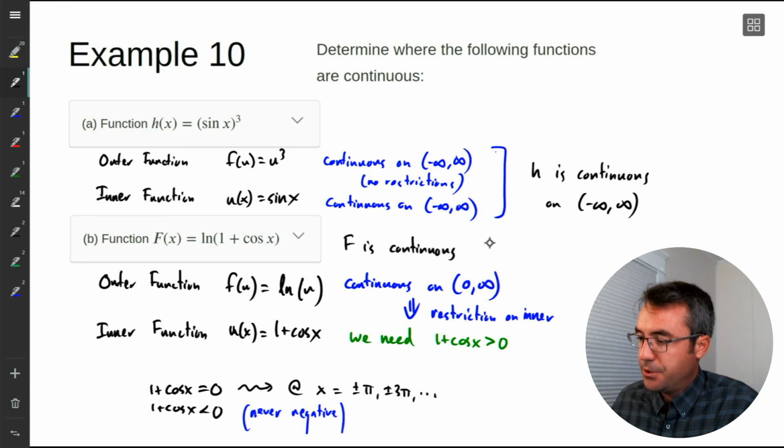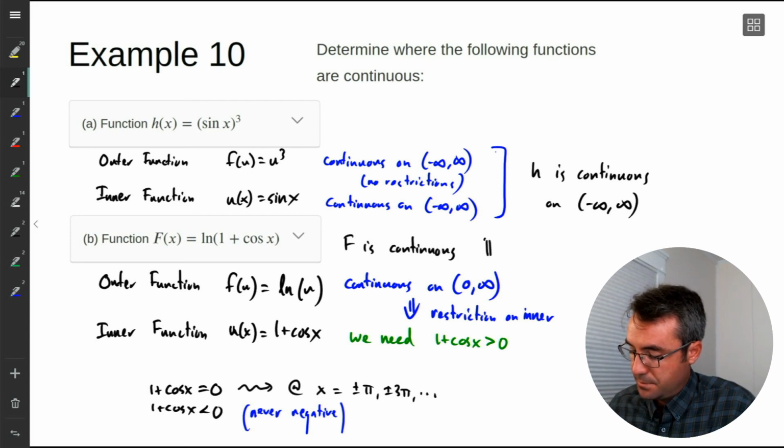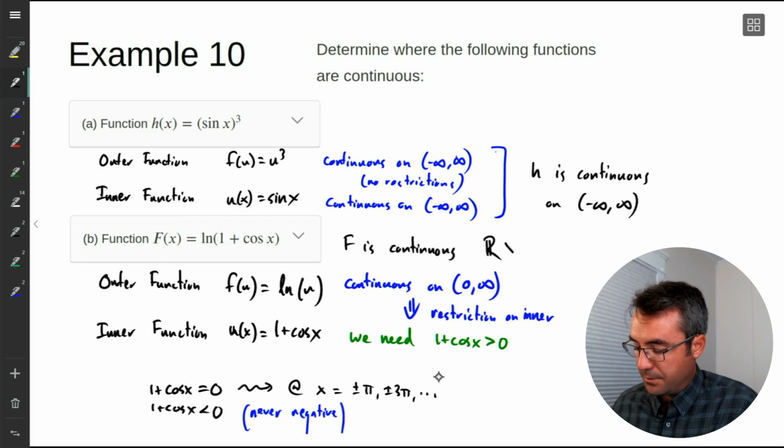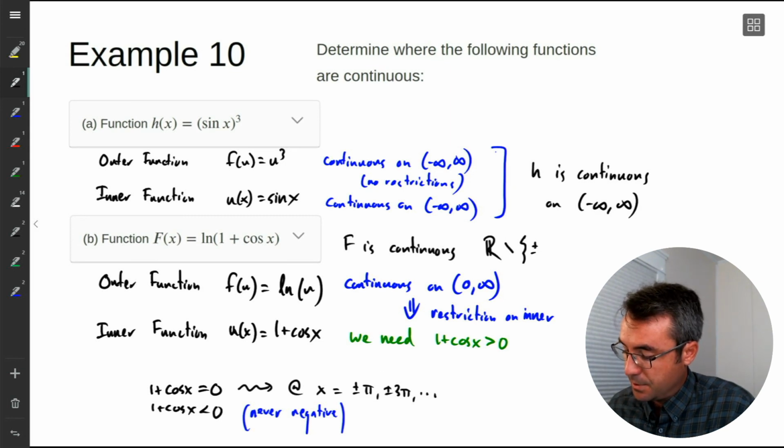we need to start with our real numbers. We'll write this out a few different ways. We could write it as the real numbers, and then we have to throw out the places where that inner function makes our outer function undefined. So we have to throw out these x values: plus or minus pi, plus or minus 3 pi, and so on.